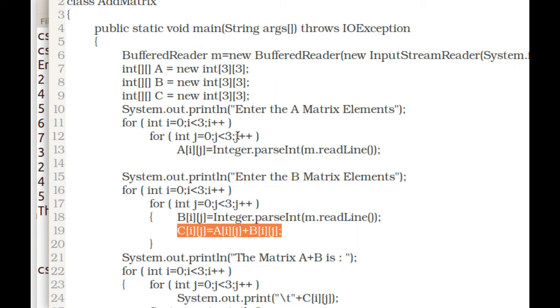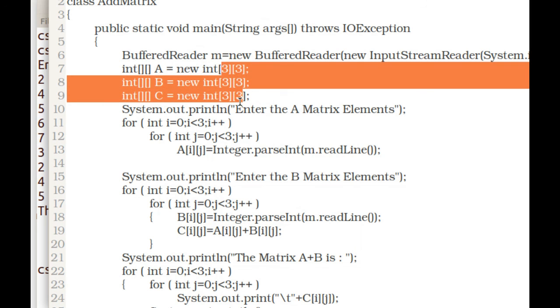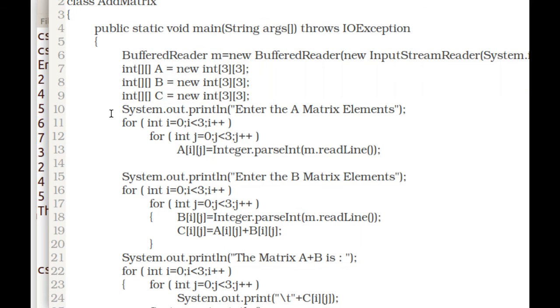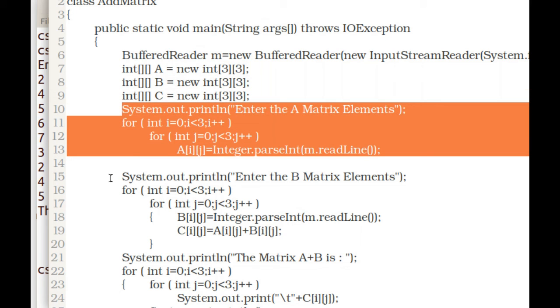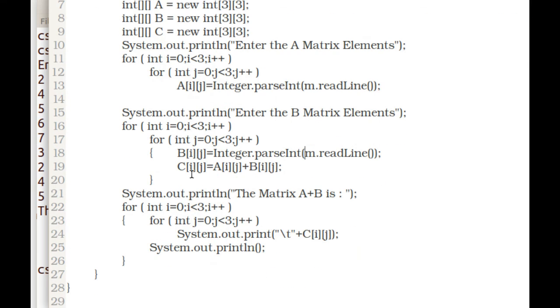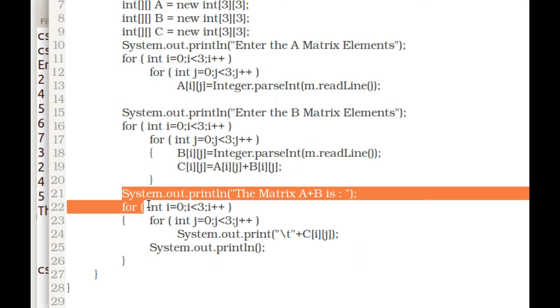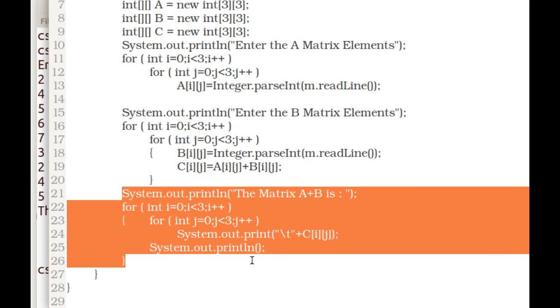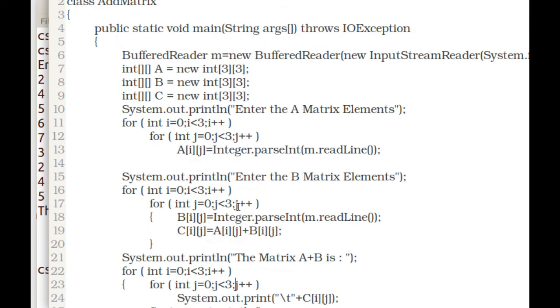If and only if both the rows and columns are the same, then only you can add, right? So here all the matrices are 3 cross 3, and I took the values for all the A and B matrices with 3 cross 3 elements, and I added them. Now I am just printing in the same way as I did in the previous program, right?